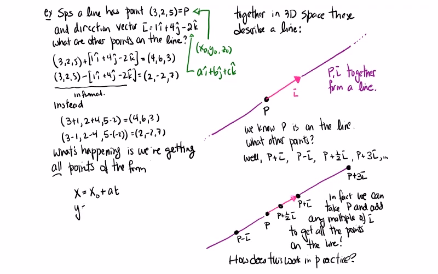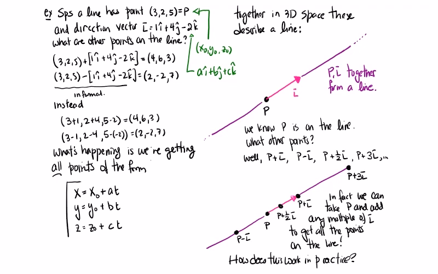We're getting y0 plus that same multiple of b, and z0 plus that same multiple of c, t times c. So for example, when t is 1, we're adding the vector. When t is 2, we're adding twice the vector. When t is negative 1, we're subtracting the vector.